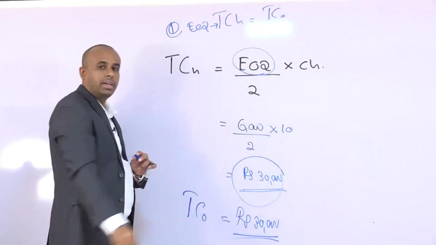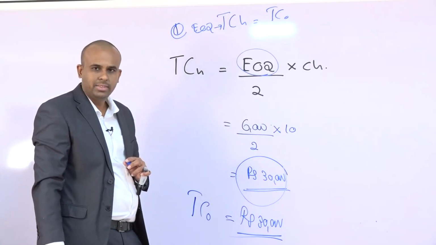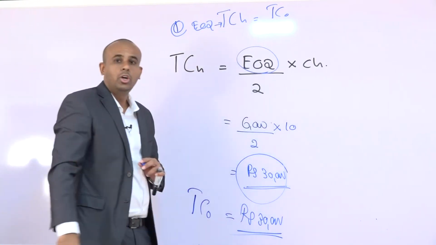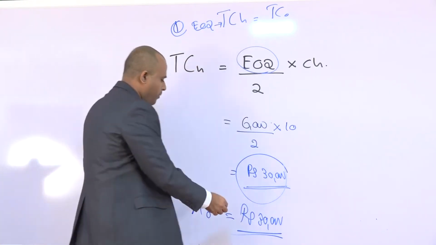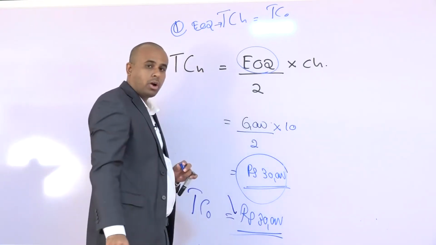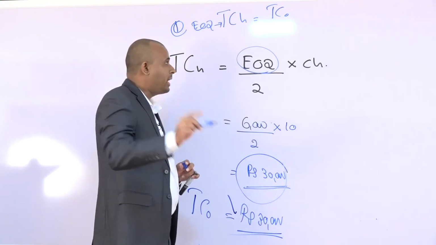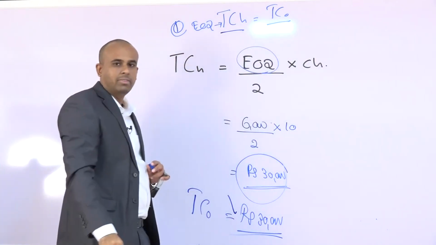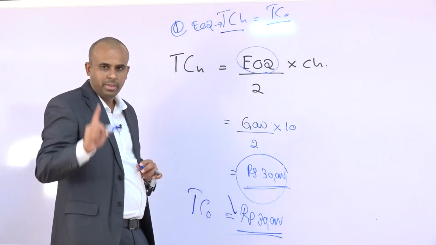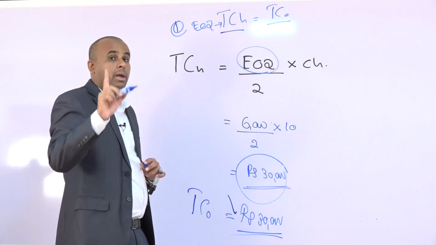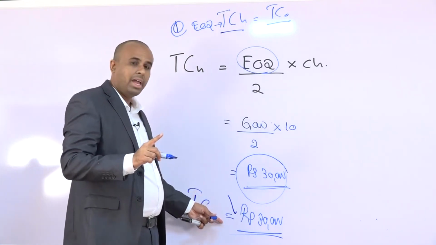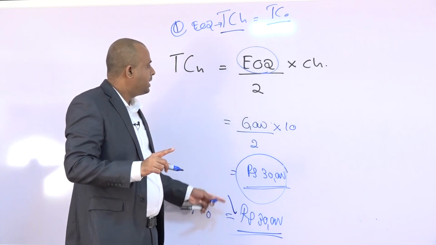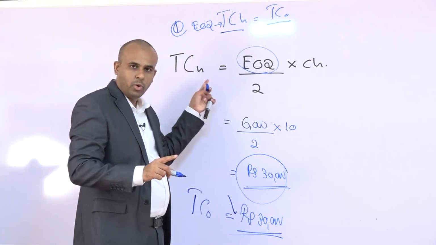Then total ordering cost is also rupees 30,000. Why didn't we calculate the total cost of ordering? Because at the economic order quantity, total holding cost is equal to the total ordering cost. I hope you could understand, right? But we will see whether we get the same answer by substituting these figures into the total cost of ordering.